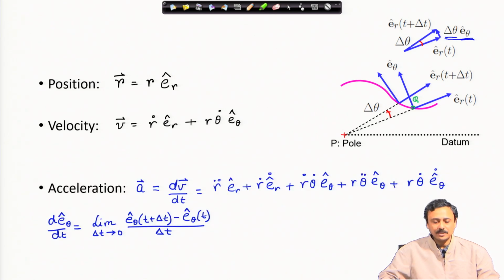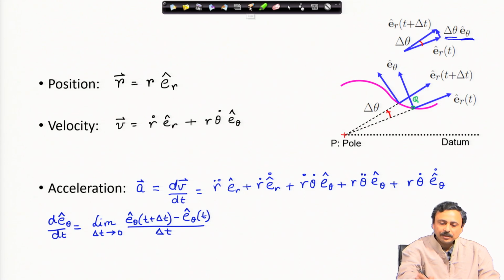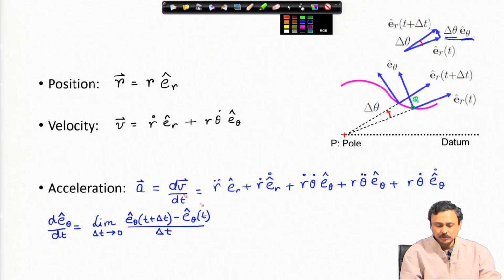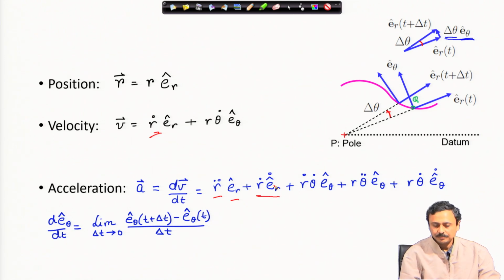Now, we go to acceleration vector. By differentiating the velocity vector we have already found out, we have time derivative of r dot, which is r double dot Er plus r dot times the frame vector dot.